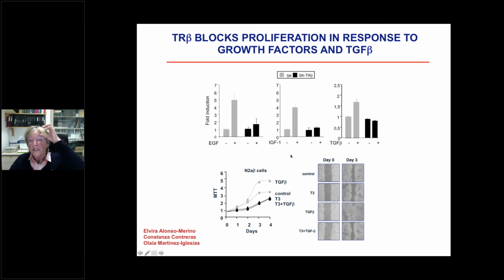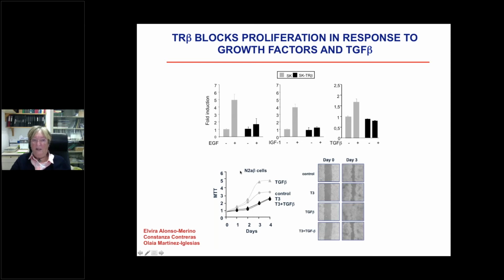But also very interesting, we could observe that the thyroid hormone receptor beta could abolish TGF-beta dependent proliferation. As you know, TGF-beta plays a very important role in the biology of cancer cells.